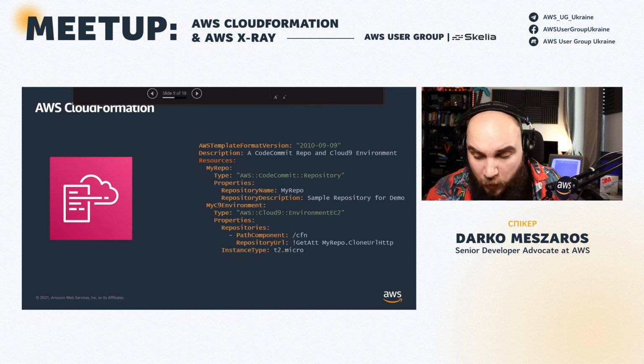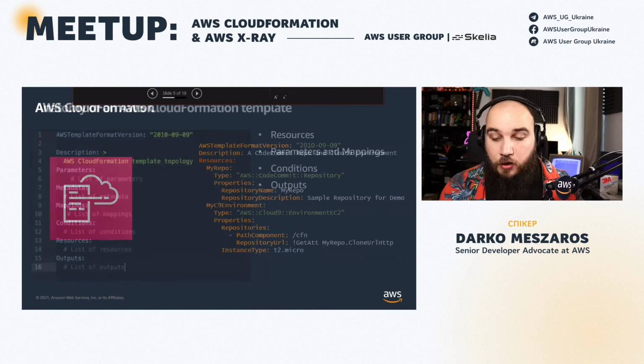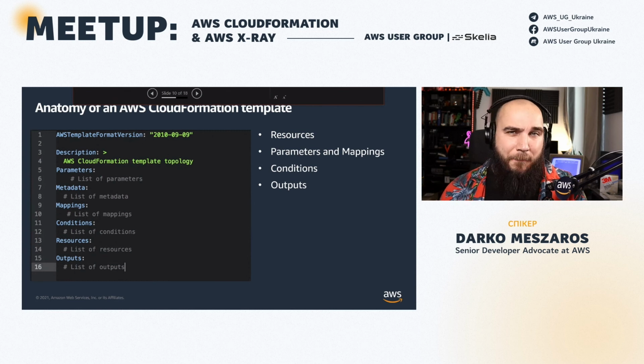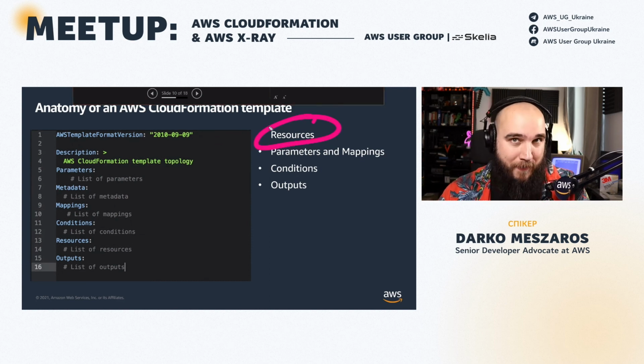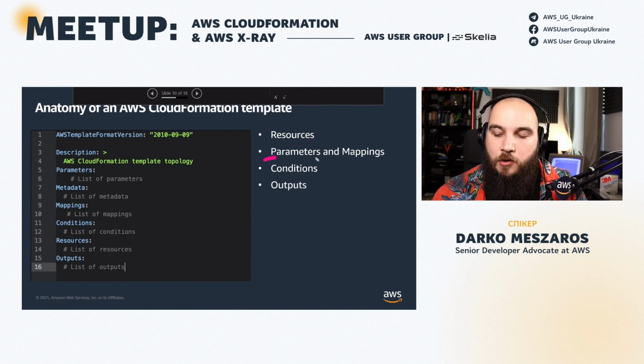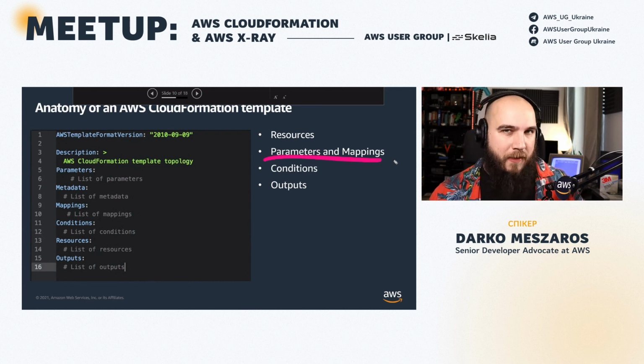So when we actually look at how CloudFormation code looks like, there's a bunch of things, right, to a template. If you have never written a template, we'll go through that in a second. But ultimately, the main part of a template is the part where you actually define your resources. So this is the main part of your template, right? The resources are the things that are going to be creating your actual resources on top of the cloud. You can do parameters and mappings to kind of augment your template as well.